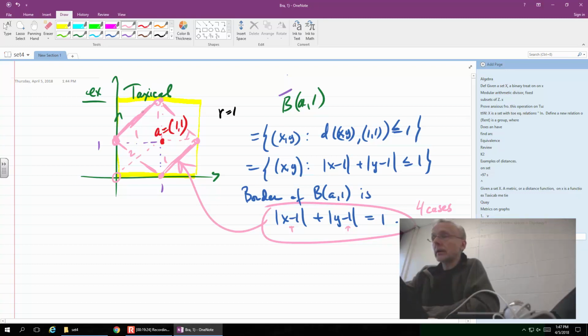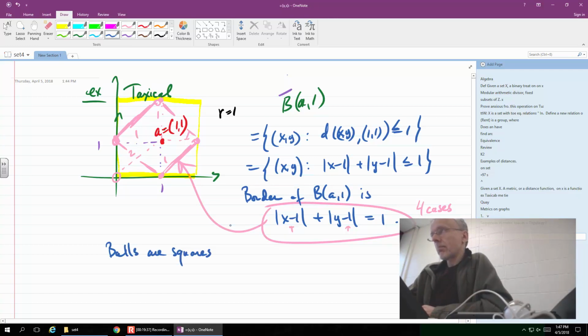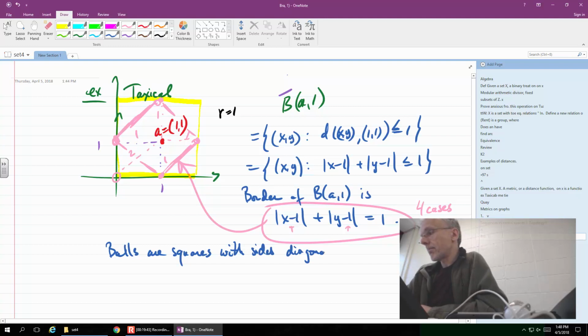Certainly everything inside of that square will be included. So, okay, they're squares. Balls in this space are squares with sides diagonal. So squares are still centered at that point that we're looking at.